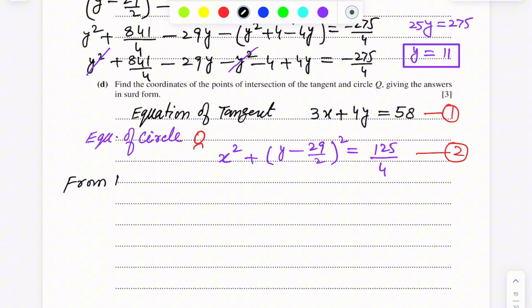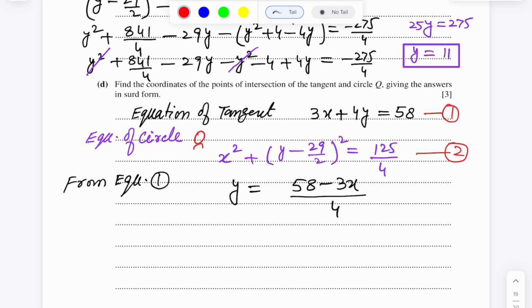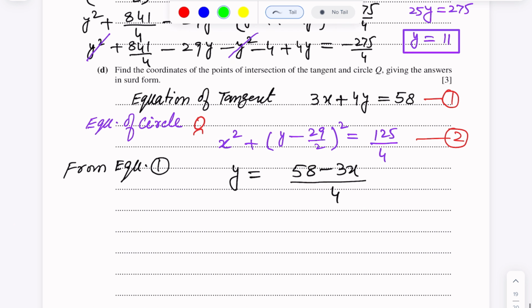From equation 1, y is equal to 58 minus 3x over 4. Now we will put this value of y in the above equation of the circle Q.